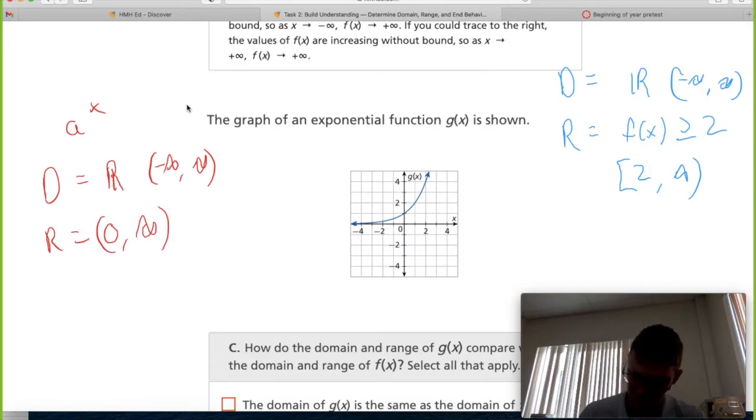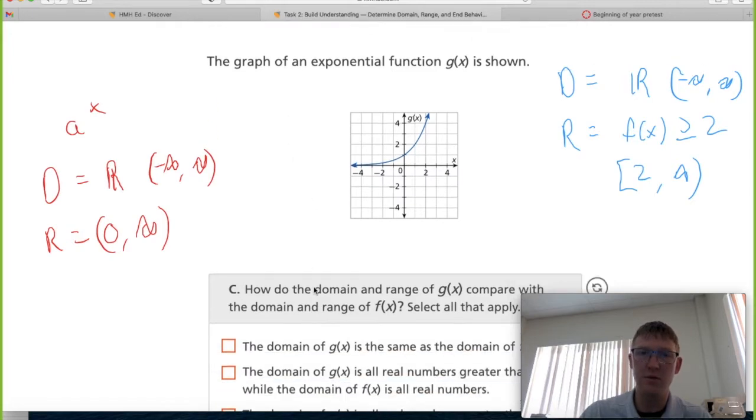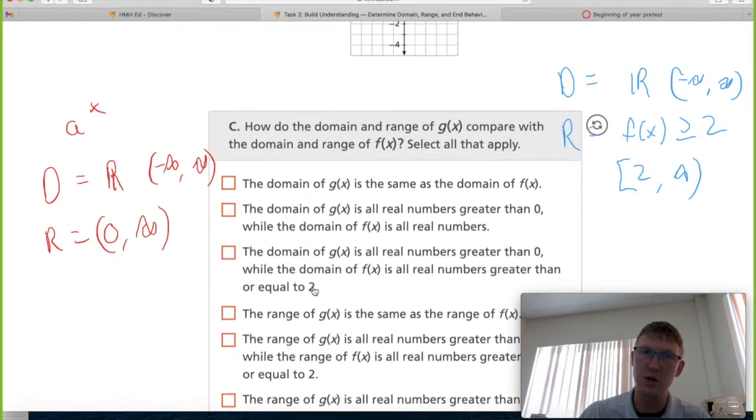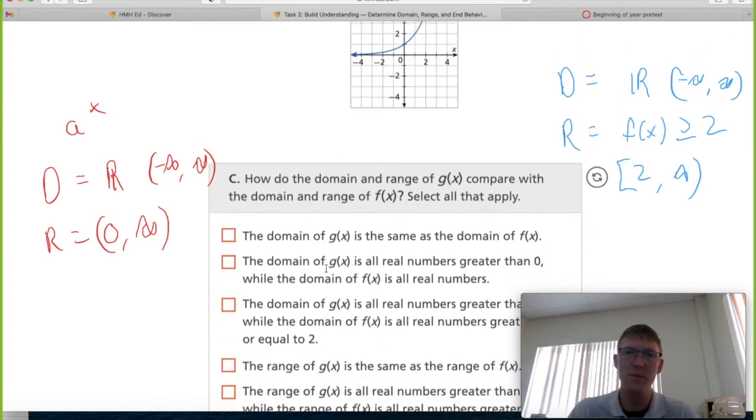Okay, so there's all of our interval notation, our domain and range. Okay, so now we've got that, we can kind of compare them a little bit.